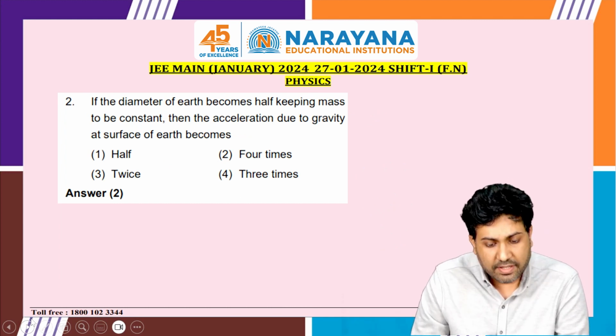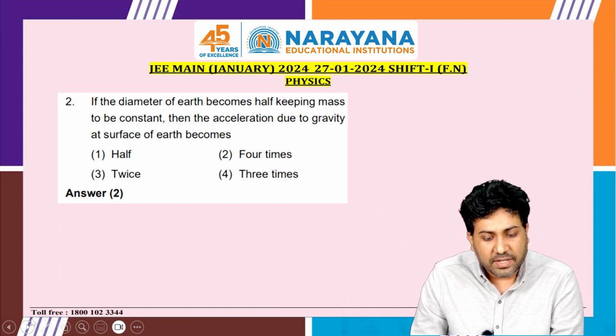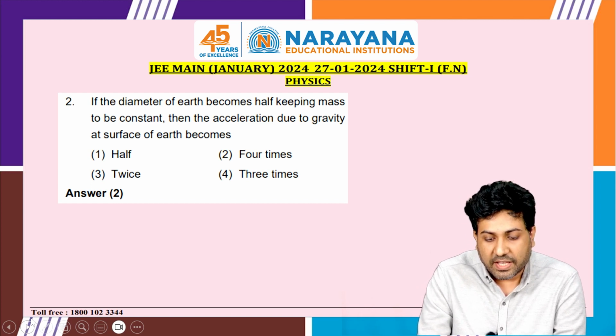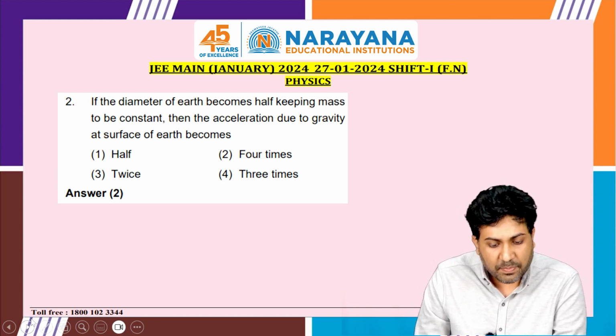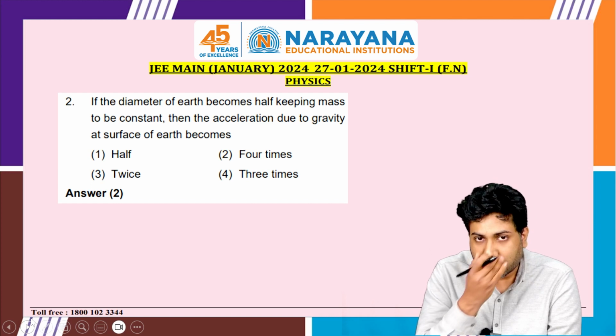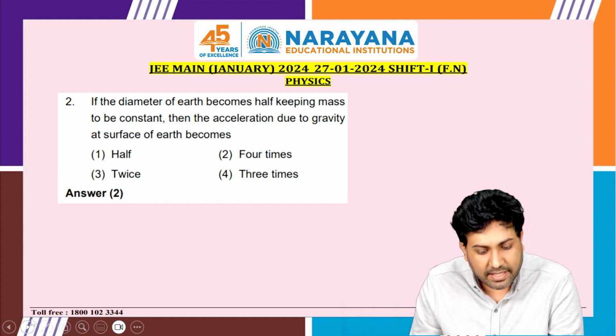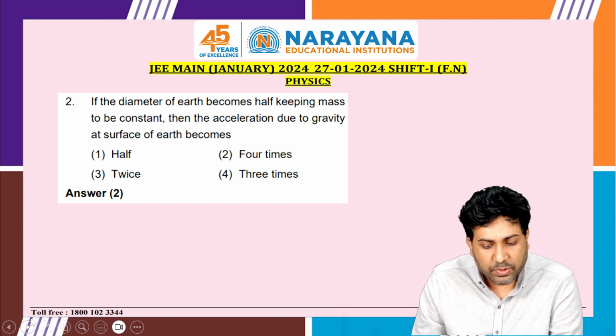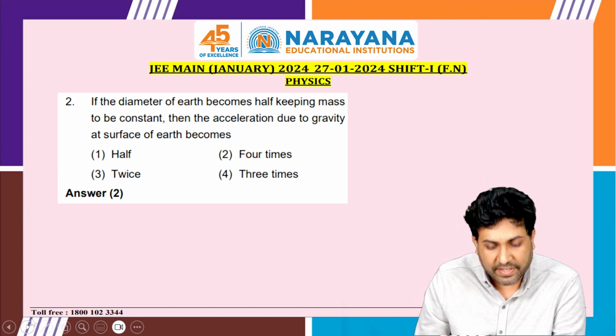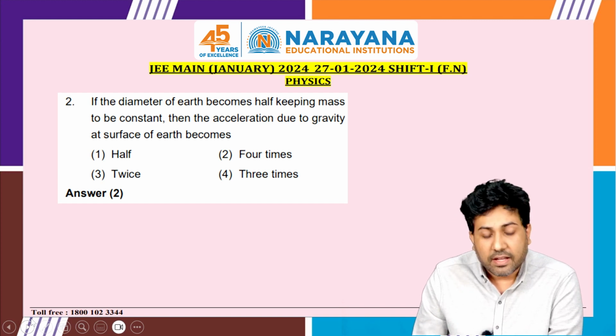In this question, it is given that the diameter of Earth becomes half, keeping the mass constant. So mass is constant, but the diameter has decreased. Obviously, the density has increased. Then what will be the acceleration due to gravity at the Earth's surface? Will it increase, decrease? Let's see.